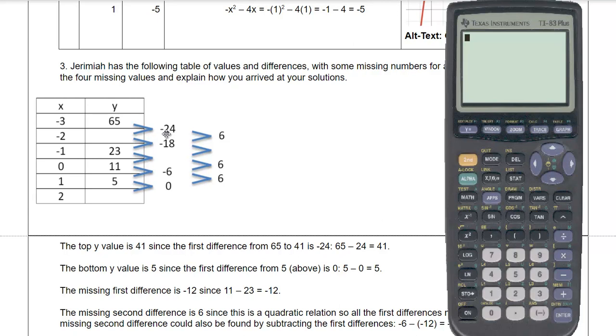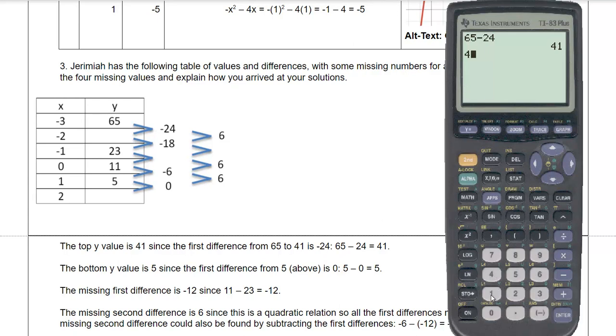So what I would do is figure out what number, if I subtract 65, I'm going to get negative 24. Well, you see, what you can do is take 65 and subtract the 24. So that gives you 41.